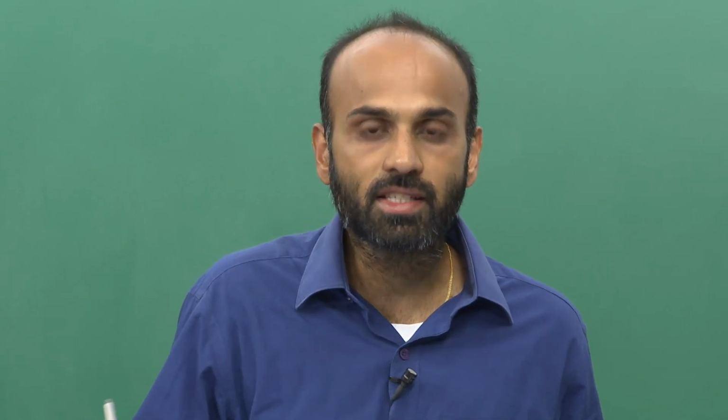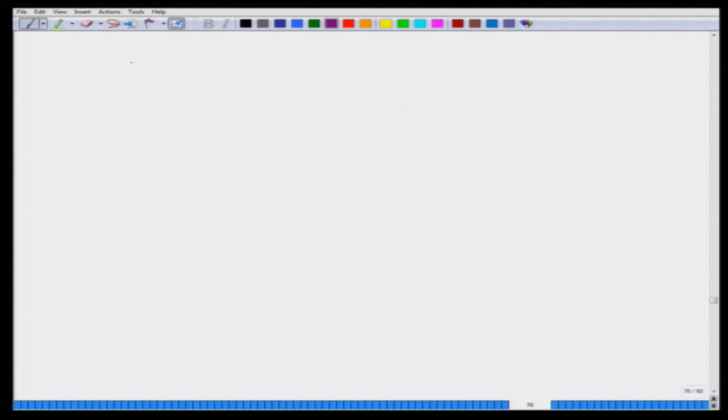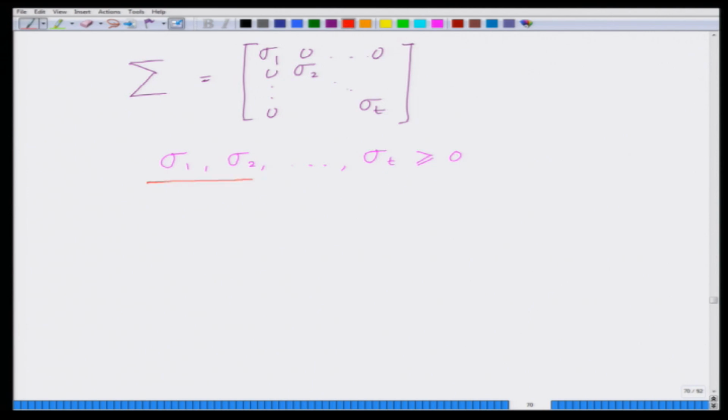Now, let us look at the matrix sigma, the matrix of singular values. Remember, sigma is the diagonal matrix of singular values. This matrix is such that all the singular values are greater than or equal to 0, that is, they are non-negative.